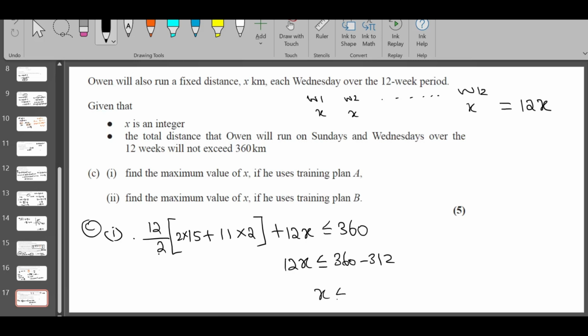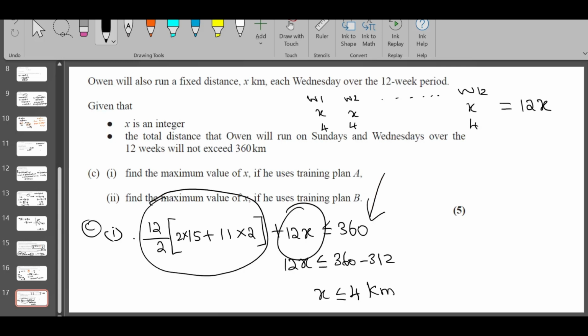So x is less than or equal to, this is 48 divided by 12, is 4. x is less than or equal to 4 kilometers. So he has to run every week 4 or less than 4 kilometers for 12 weeks, so that the total distance he has covered will not be more than 360 if he uses plan A.